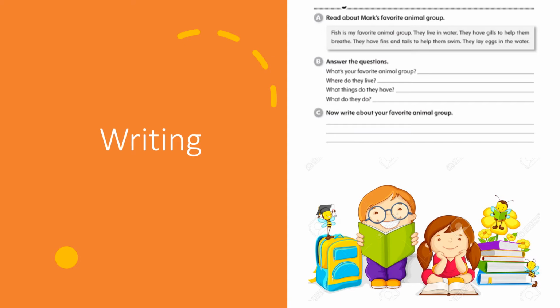Okay class, stay on page number 9 of your workbook. And right now we are going to discuss the writing one here. As you know, we have done the vocabulary words in this topic. We have done reading of different animal groups and we discussed those animal groups in detail.